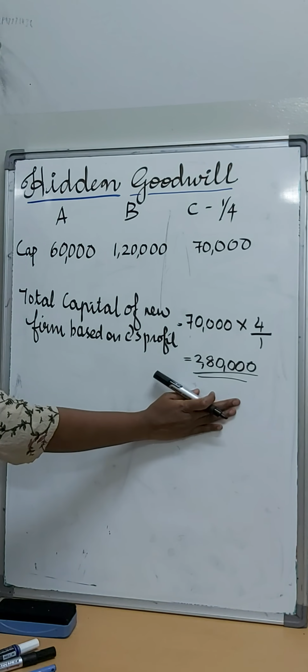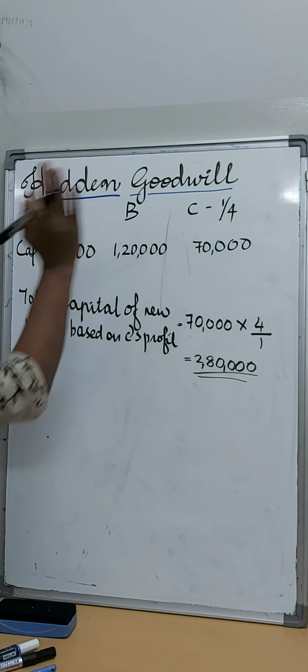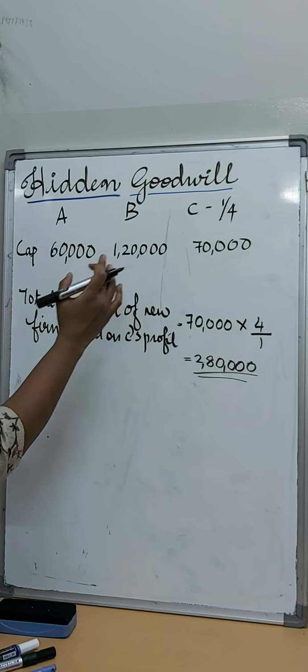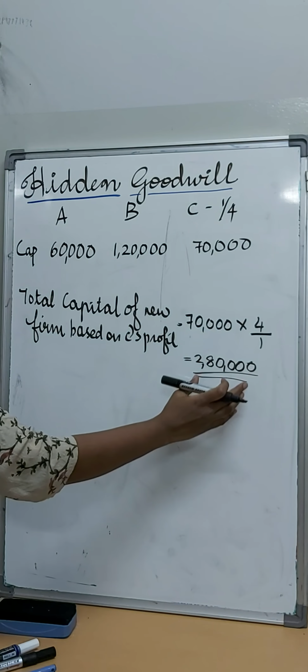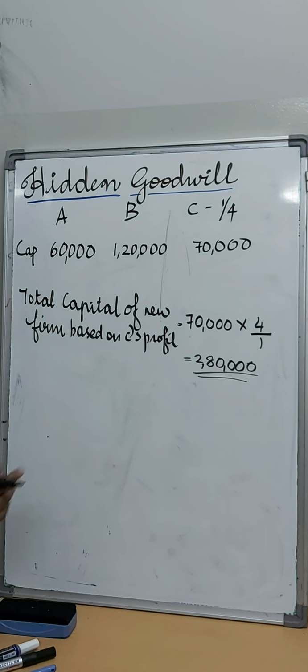Capital should be 2,80,000 for all the three partners as per C's share of profit. Now we are going to find out the total capital of A, B and C, and see whether it is equal to 2,80,000.